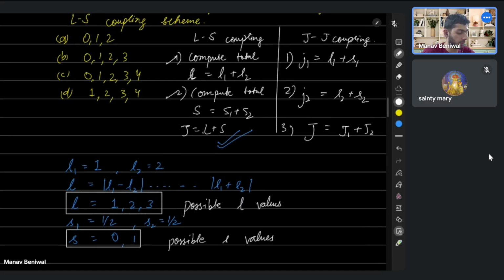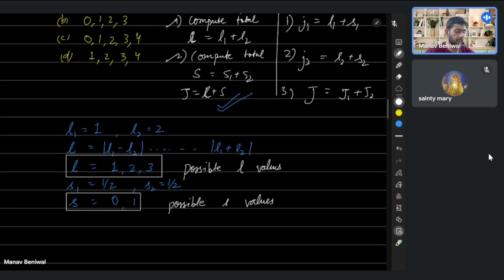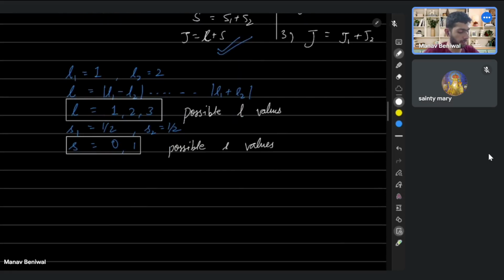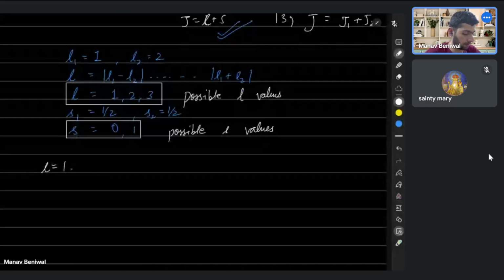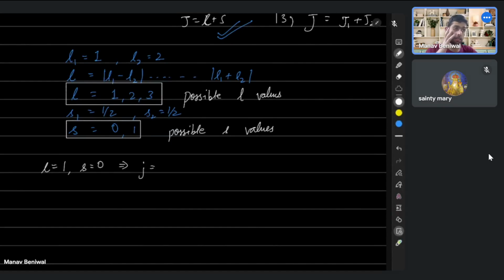Now to compute J, we just need to add L and S. So when L is 1 and S is 0, J can have all the possible values from L minus S all the way up to L plus S. Here 1 minus 0 is 1 and 1 plus 0 is also 1.